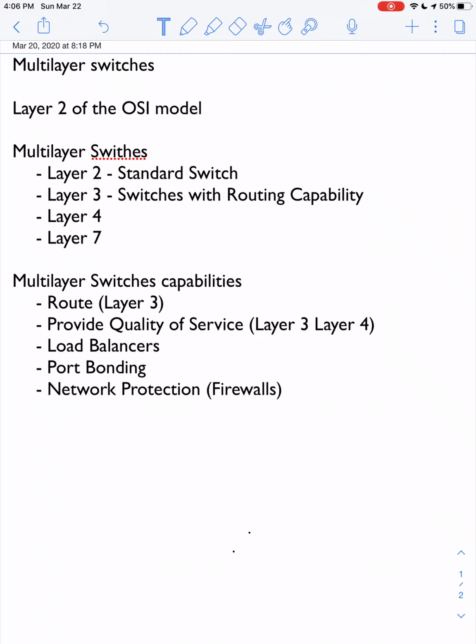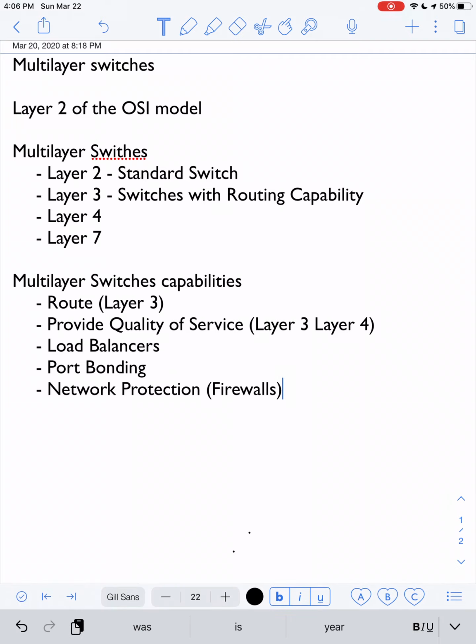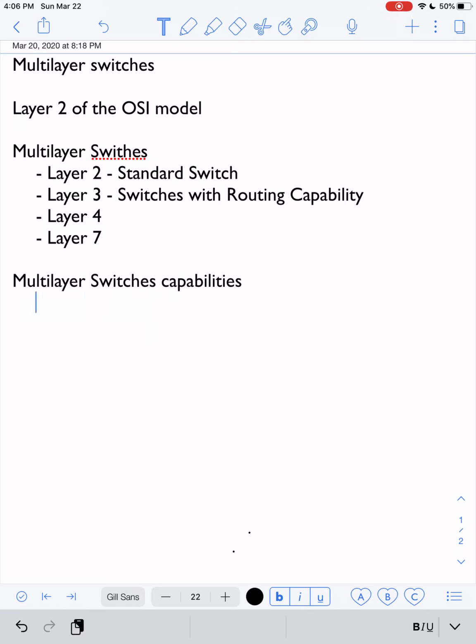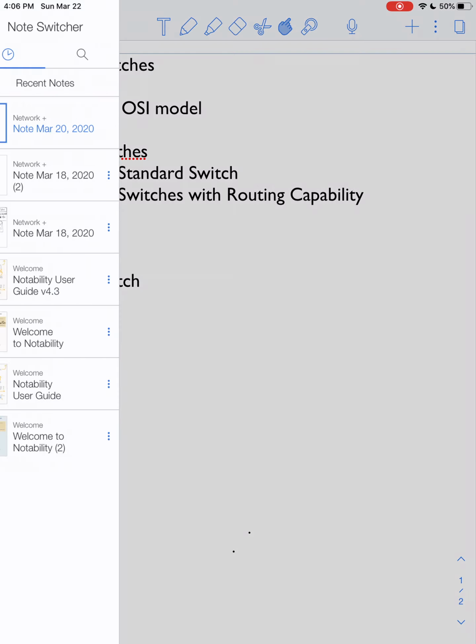Let's do it this way. I wonder if I can select.